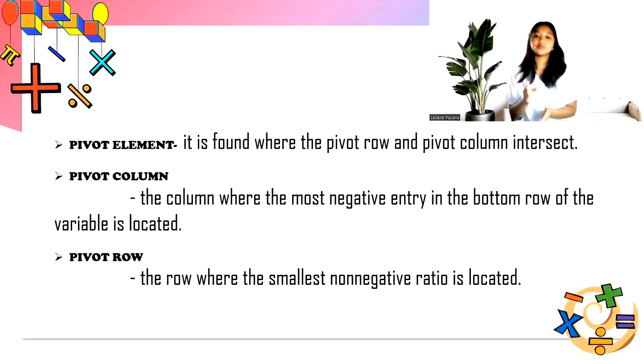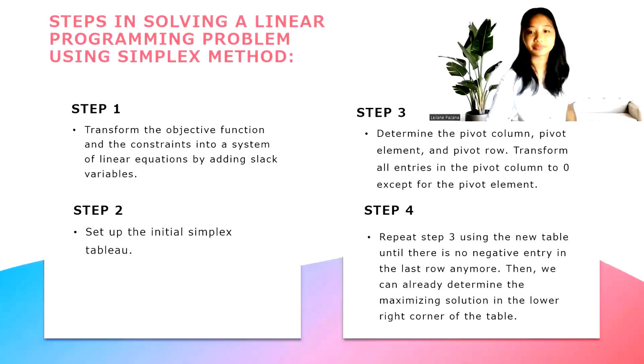It is the column where the most negative entry in the bottom row is located. Our pivot row is the row where the smallest non-negative ratio is located. Later on, we will perform this in order to determine the pivot element, pivot column, and pivot row.